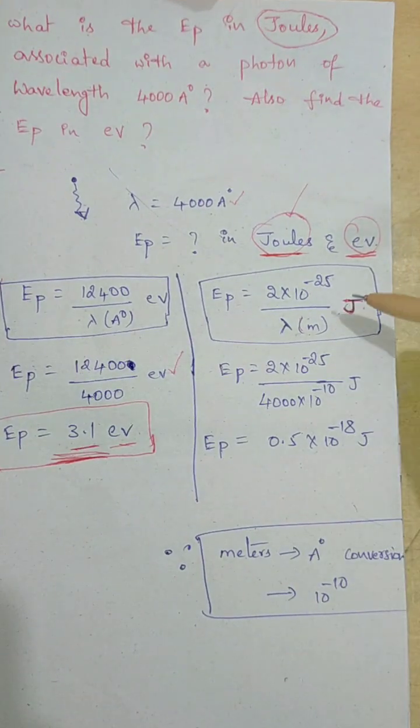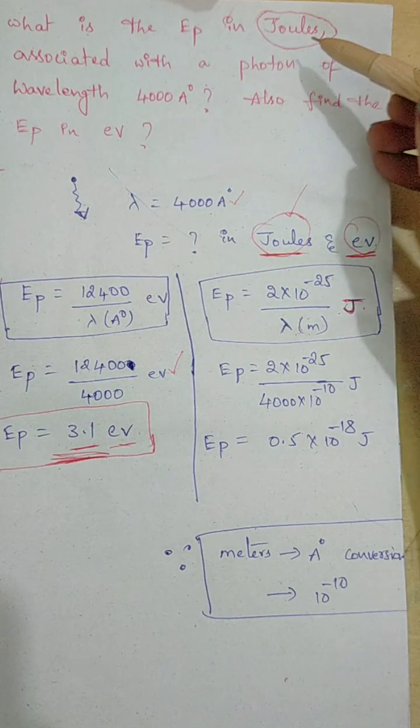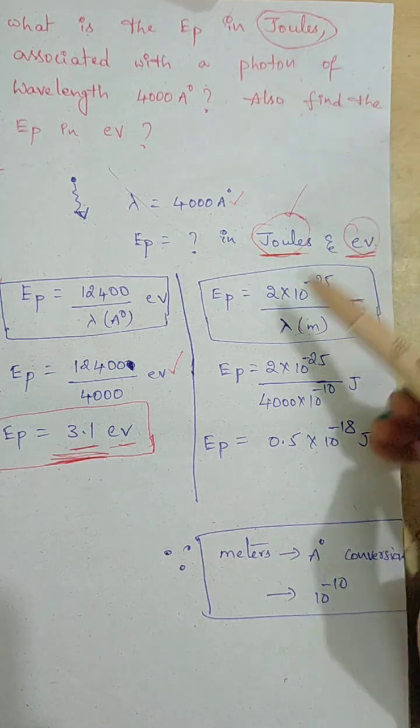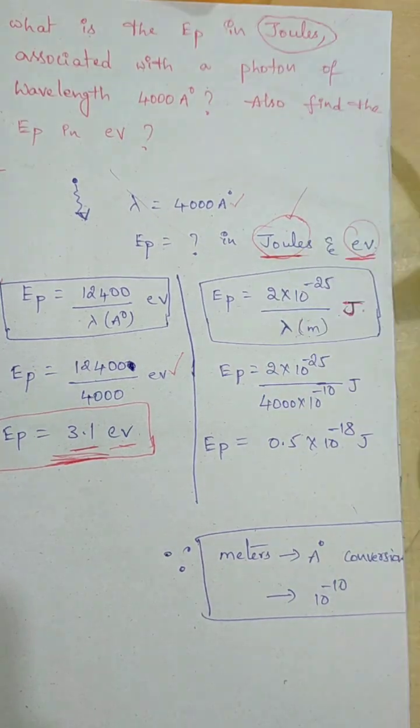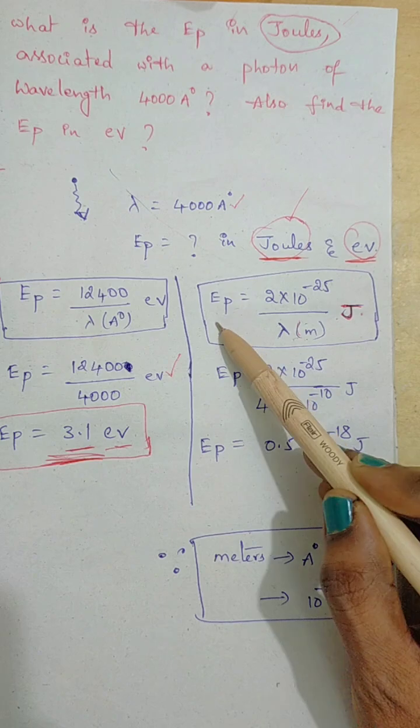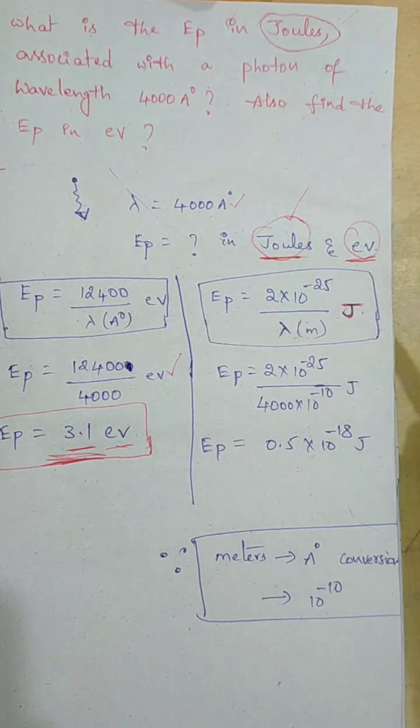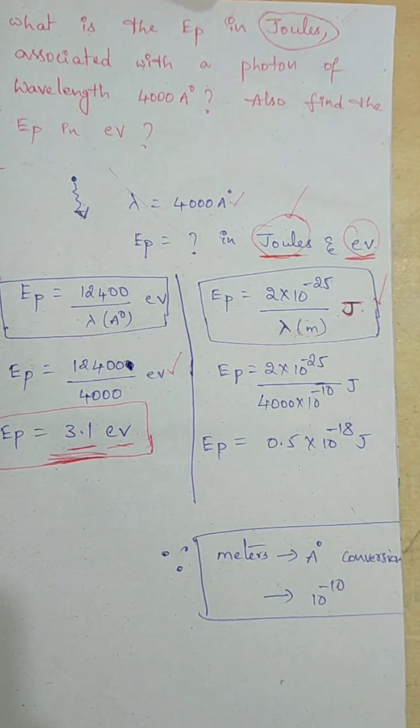So the next one, the question is we need to find the energy of the photon in joules as well. So the energy of photon, the formula is a very important formula. In the further sections we need to calculate so many problems based on this formula.